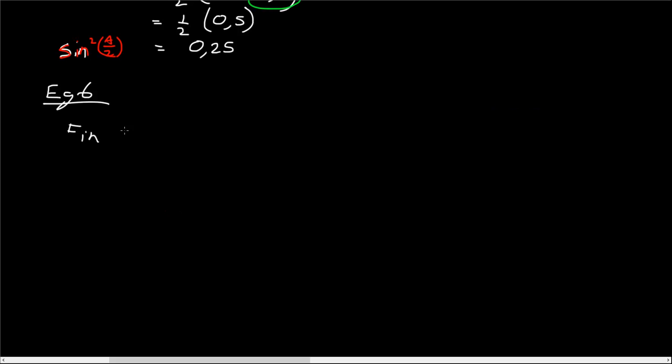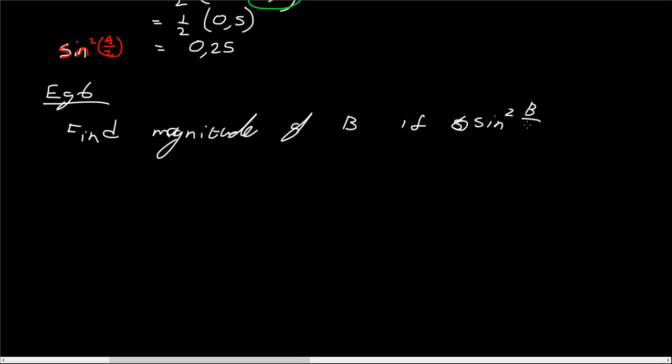Find the magnitude of B if 6 sine squared B over 2 is equal to 4. Okay, so once again, we know that 6 sine squared B over 2 is equal to 4.